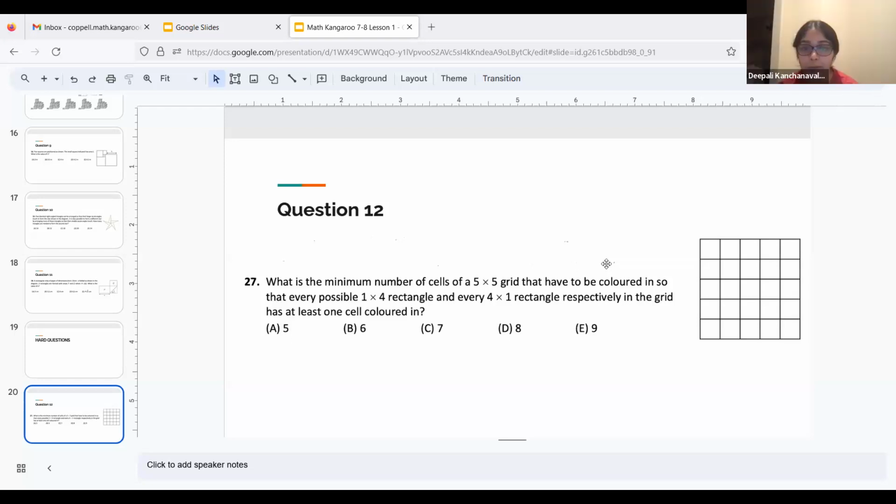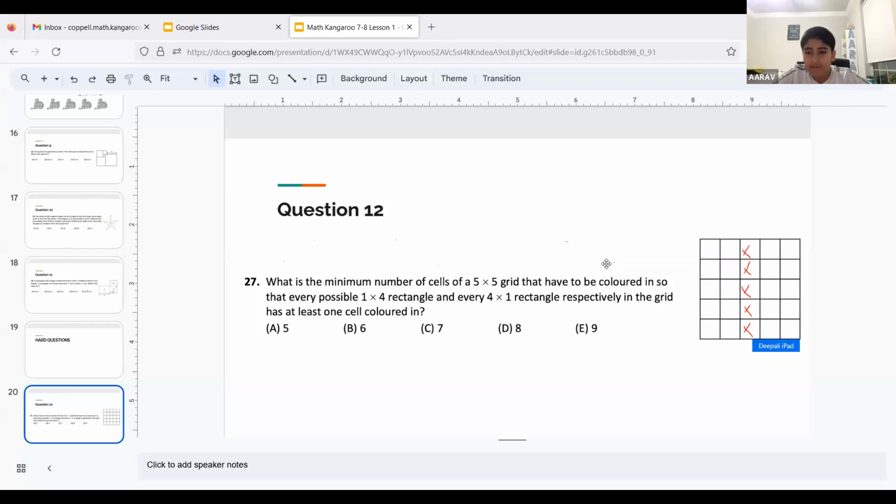Go ahead, Arav. Okay, so I just colored the 5 down the center of the square, and that eliminated most of my answers. Wait, you colored like that? No, down the middle of the square. Oh, okay. Yeah, like that.